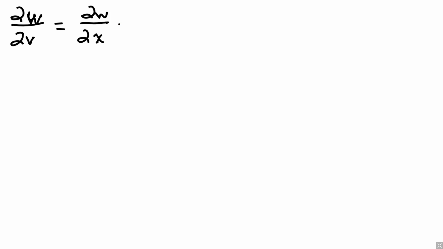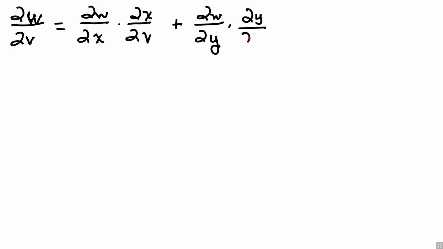Then multiply that by the partial of x in respect to what? V. Plus. Then for the next piece, I'm going to do the partial of w in respect to what? Y. Then I'm going to multiply that by the partial of y in respect to what? V. Any questions there?